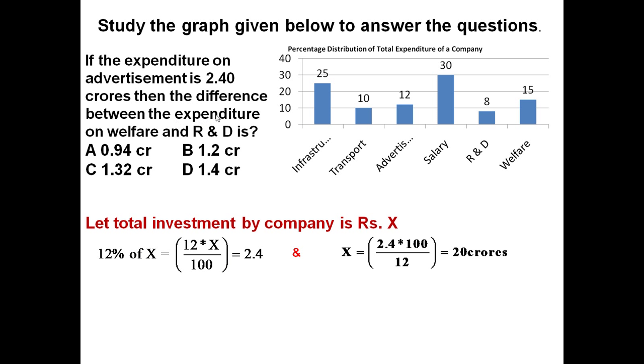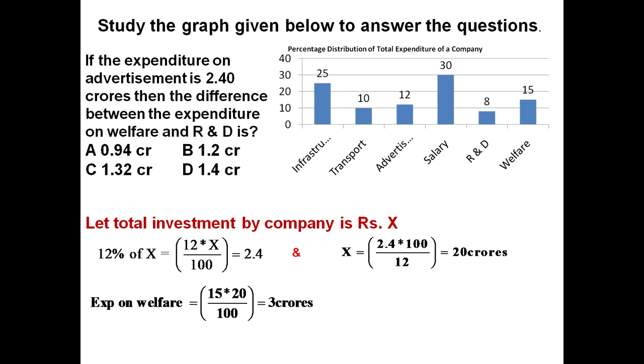Now he is asking the difference between the expenditure on welfare and R&D. On welfare, 15% of the total investment is being invested, and the total investment is 20 crore. So expenditure on welfare is 15 into 20 divided by 100, which is 3 crore.